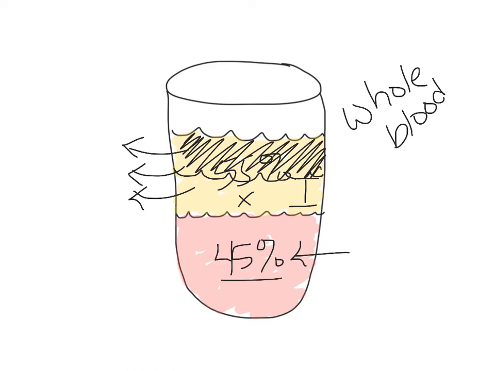It increases, right? You lost fluid. You didn't lose red blood cells. You lost fluid, so now the percentage of red blood cells goes up. So hematocrit can increase with dehydration.